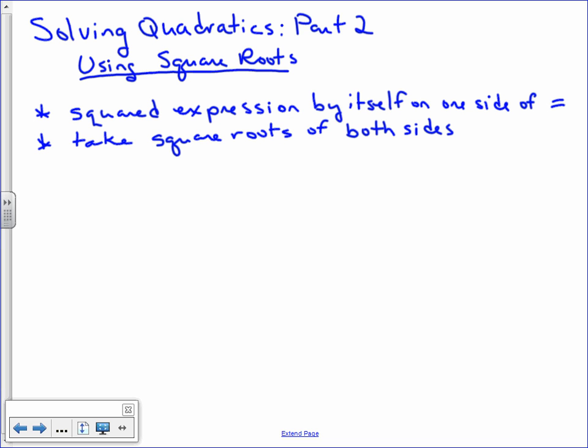So this works when you don't see an x term, but only an x squared term and possibly a constant term. So if we look at a couple of examples, the first one is 4x squared minus 25 equals 0. So if I rearrange that equation by adding 25 to both sides, I end up with 4x squared is equal to 25.